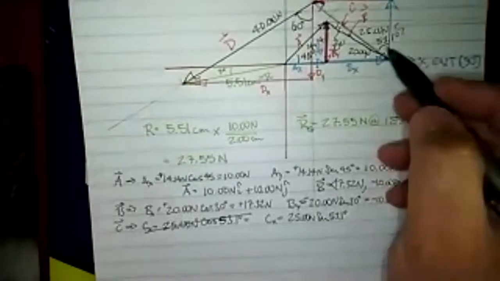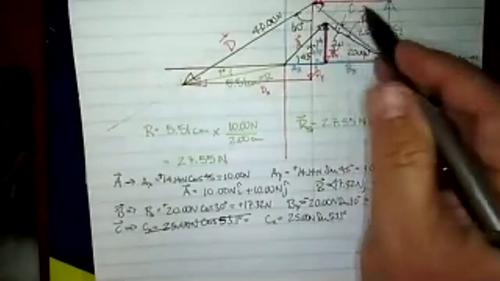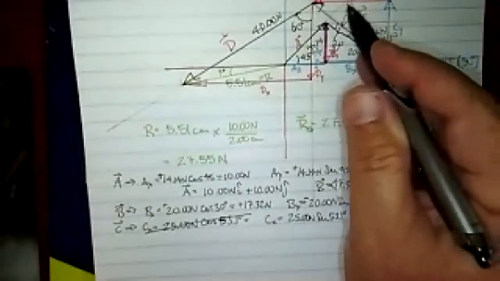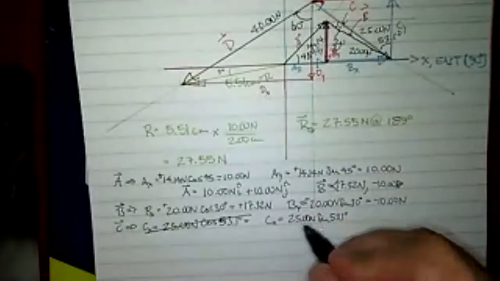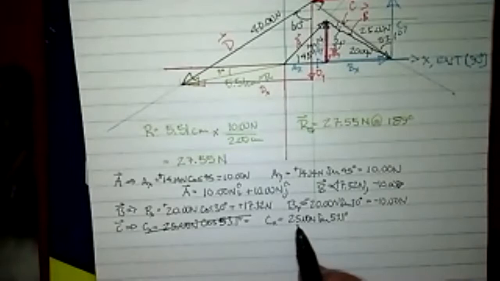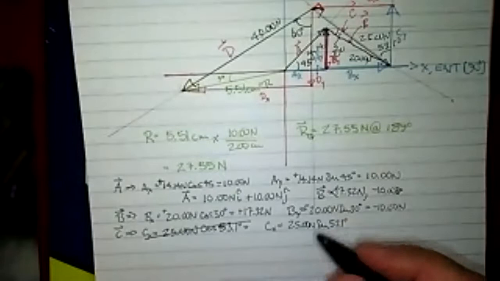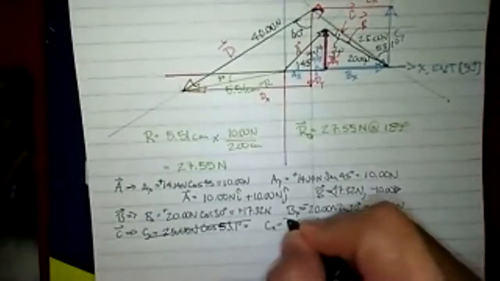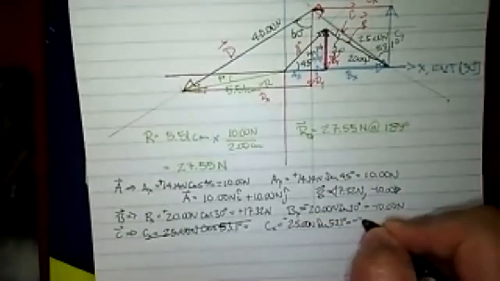Remember, the 53.1 is the bigger side, and this is across from it, so that's got to be the bigger of the 3, 4. So it's going to be the 4. But notice this 25 is not 5; it's 5 times 5. So I've got to multiply the 4 that would be here by 5. So I end up getting negative 20 newtons for this one. Again, I've got to force that negative.